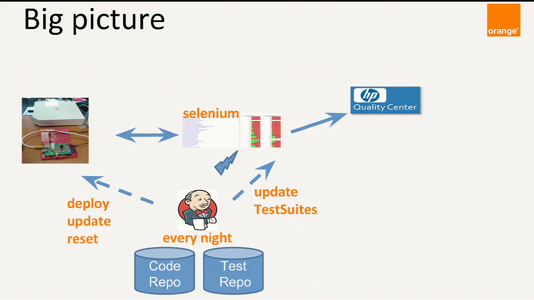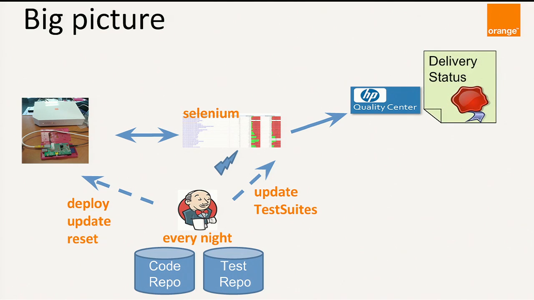It recovers all the results. It creates for us all the reports, and is also able to push all of this into Quality Center. Quality Center is our repository for all our test suites. So we can automatically create our delivery status.